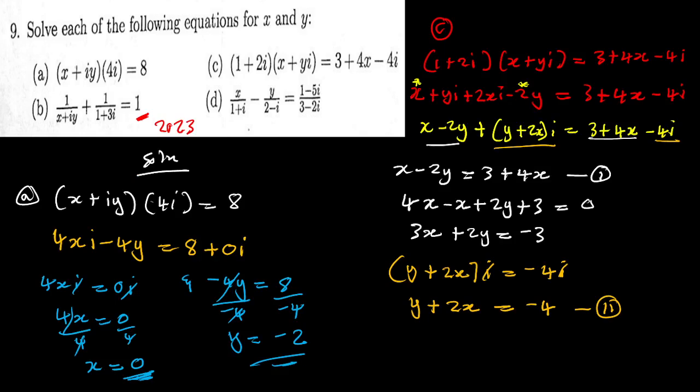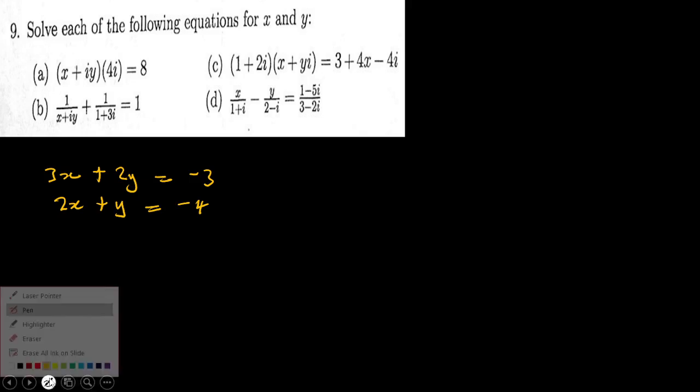And then equation 2, it is y plus 2x, so I can write it as 2x plus y is simply equal to negative 4. So using the elimination method, which I'm going to use, I want to eliminate y. So this one I'll multiply by 1, and this other one I'll multiply by that coefficient, which is 2. If you want, you can use the substitution method, but I normally prefer using the elimination method.